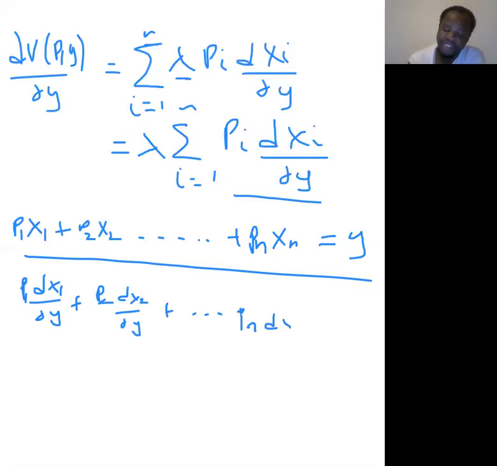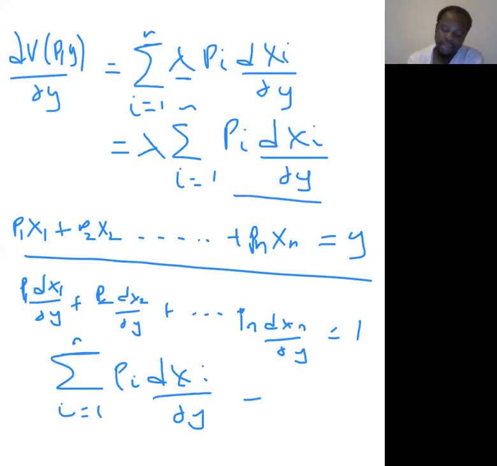Now, when I differentiate income with respect to income, I have 1. So this expression can be summarized as the summation of i equals 1 up to n of pi dxi/dy equals 1.